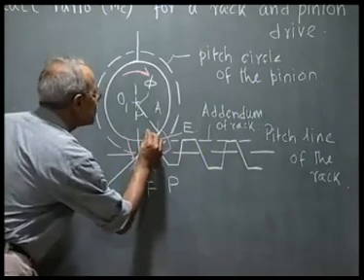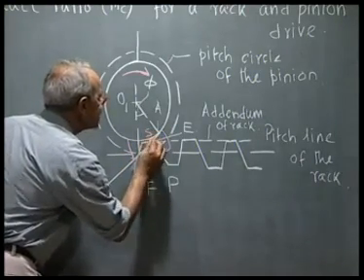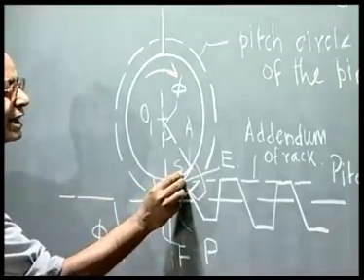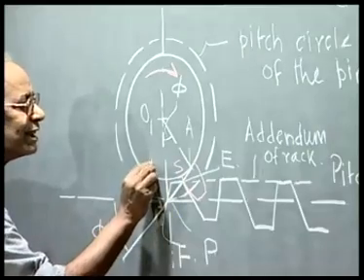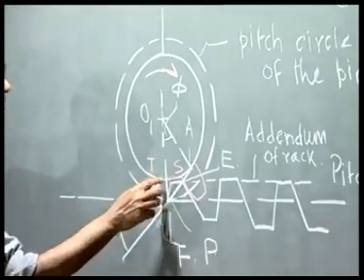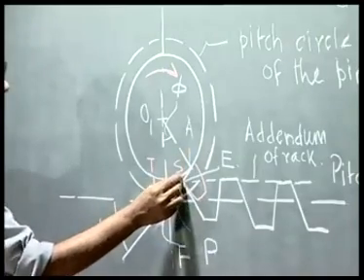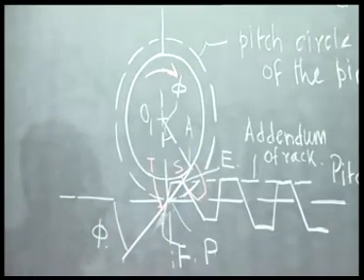Let me call this point S, this point on the base circle, and the tooth has rotated and the movement along the base circle is from S to T. This is due to the rotation of the gear. This point S of this tooth has moved up to this point T.